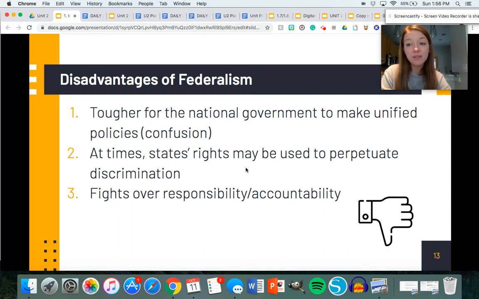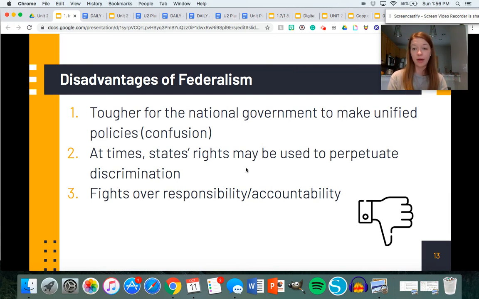And what happens in federalism is that since states are the ones making their own laws about a lot of things, there can be a lot of confusion surrounding policies throughout the country, right? Now that we have the Supreme Court decision ruling on same-sex marriage, it's a little bit easier. But before then, the laws varied from state to state, and it did get kind of confusing.